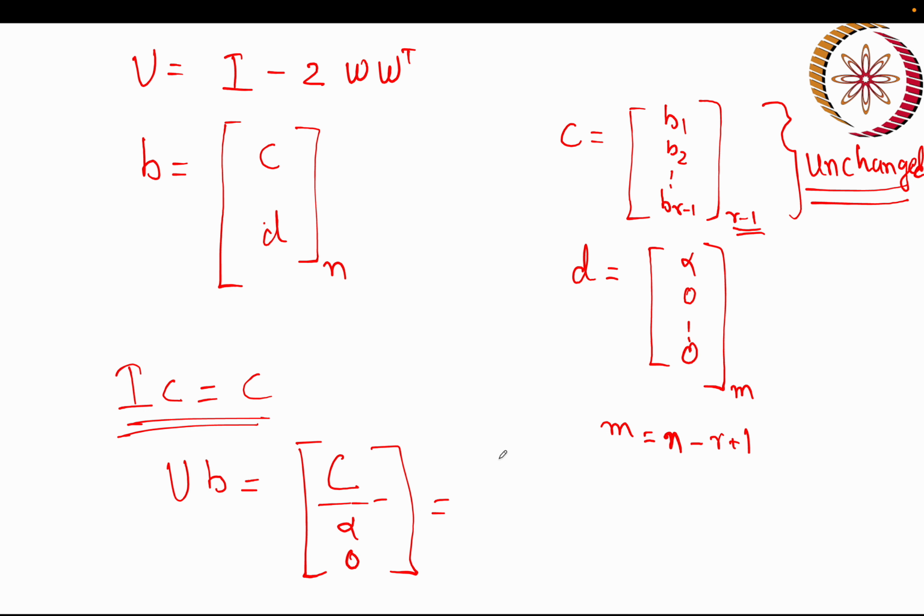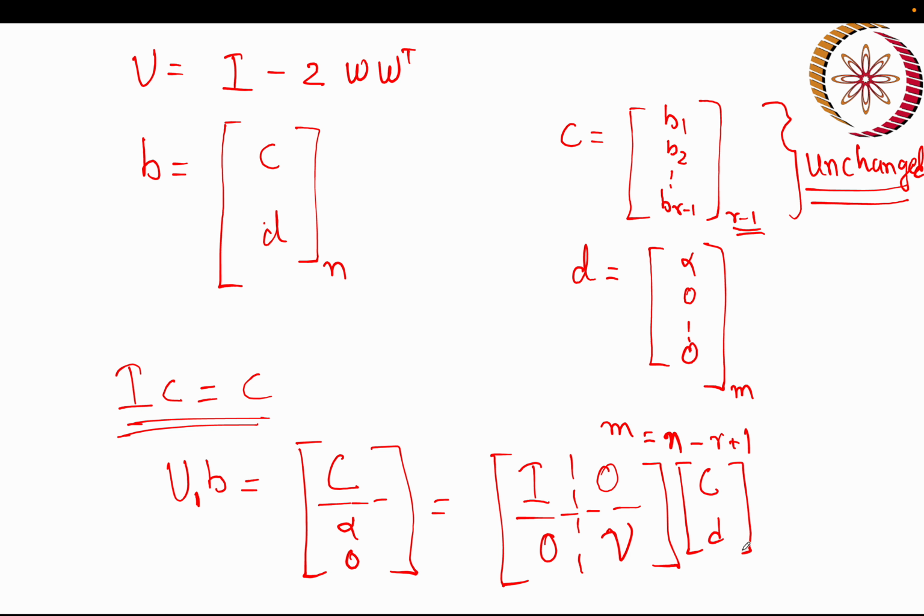So what we want is I here, this should be 0, and this part will have some terms. Let's say this matrix itself is u. So this is u times c d, that will give c here, and this part will be u times d.